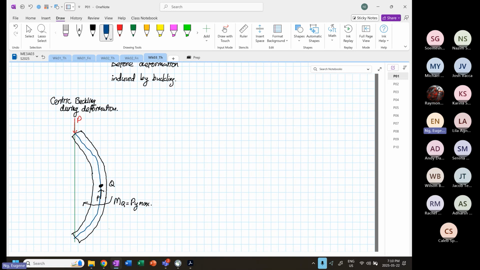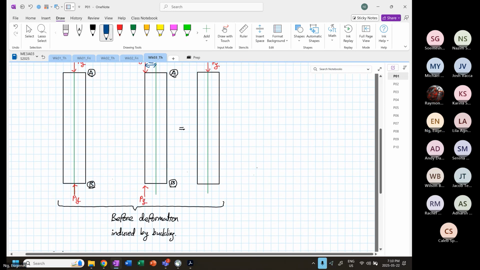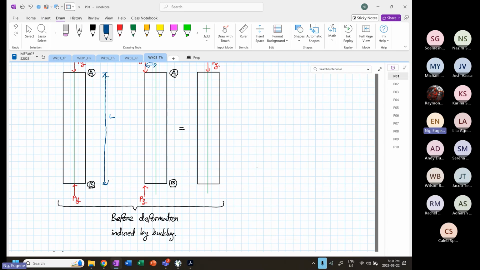Y max is the distance from here to the point over here. This is your Y max. And it happens that Q is at L over 2. If I go back here, this entire length that we have is equal to L.